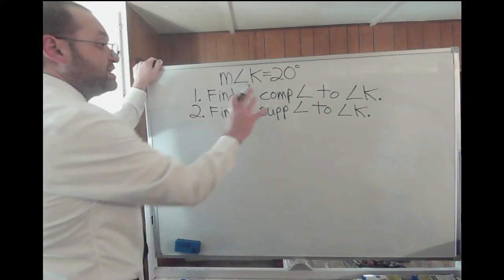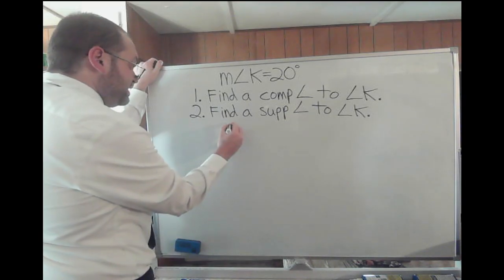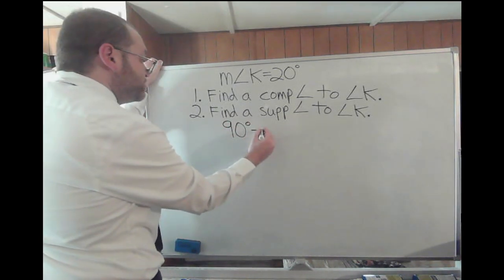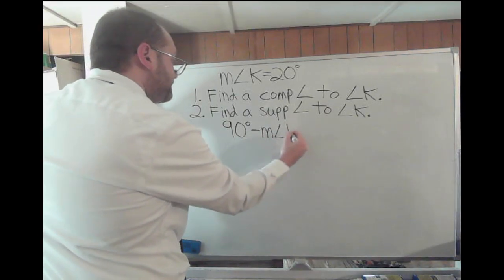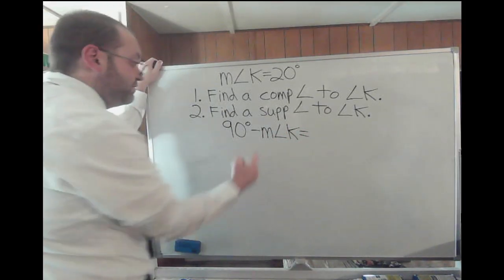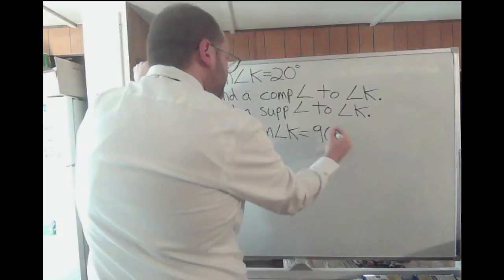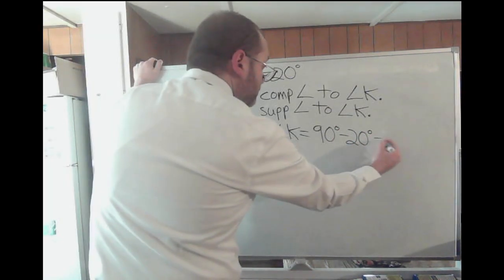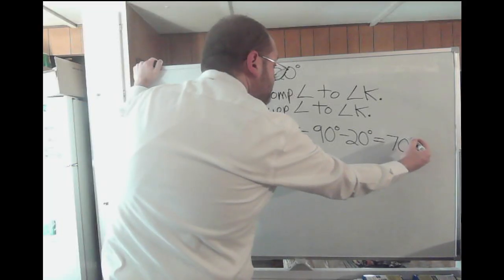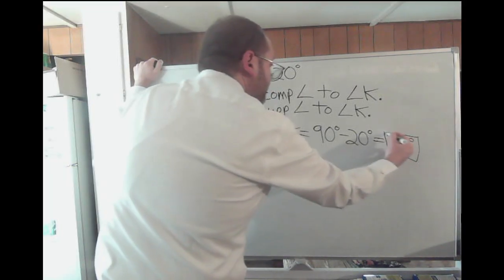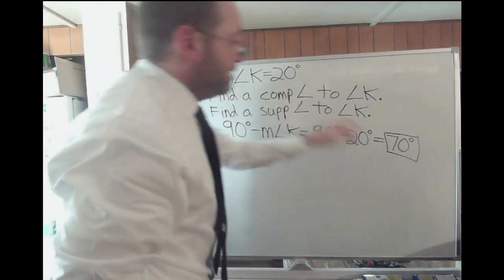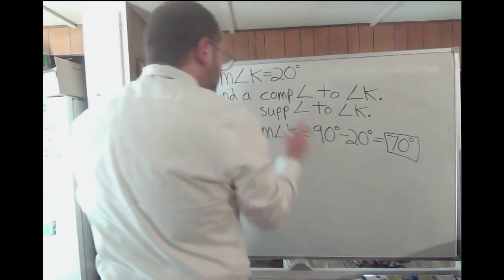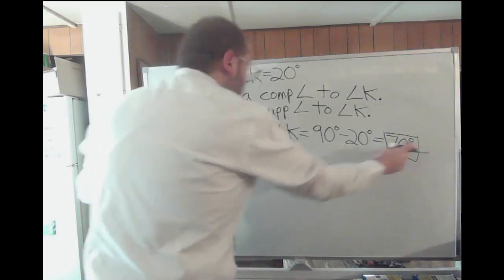So, to find the missing angle, you're going to take 90 degrees minus the measure of angle K, which would therefore equal 90 degrees minus 20 degrees, which would give you 70 degrees. So the complementary angle of angle K is going to be 70 degrees. The complement to angle K is 70 degrees.